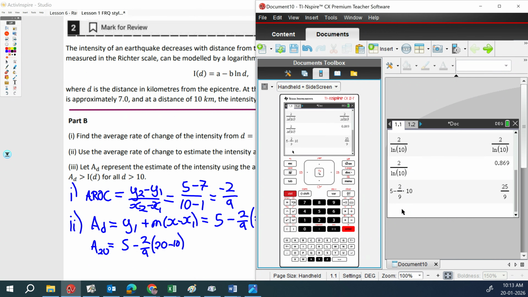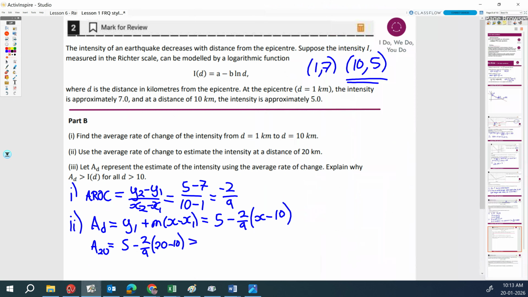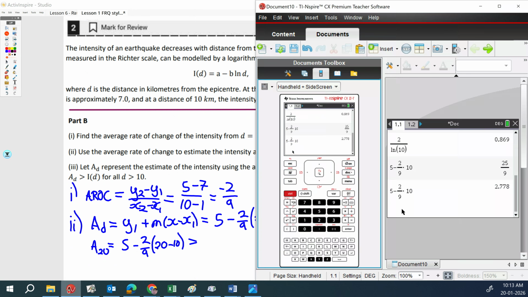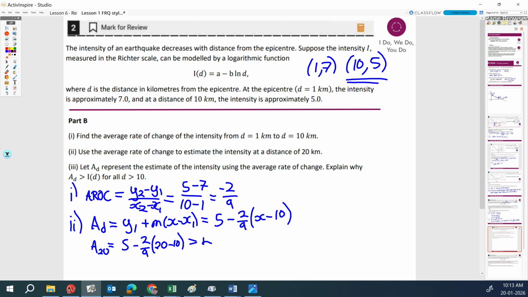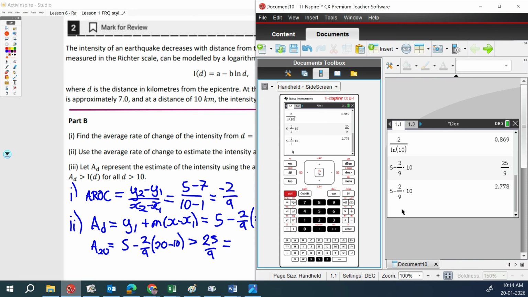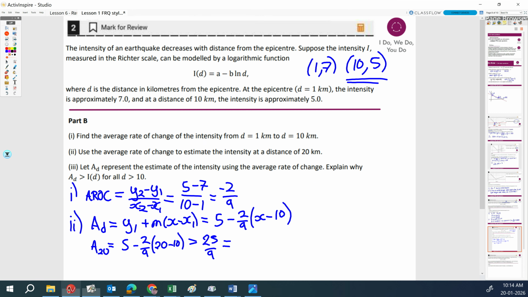We get 25 over 9. Control Enter. So this is equal to 25 over 9, which is 2.778.